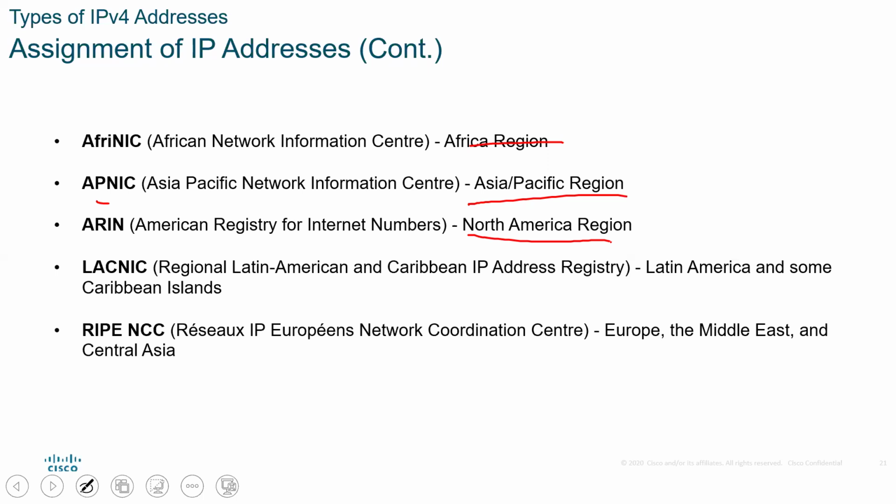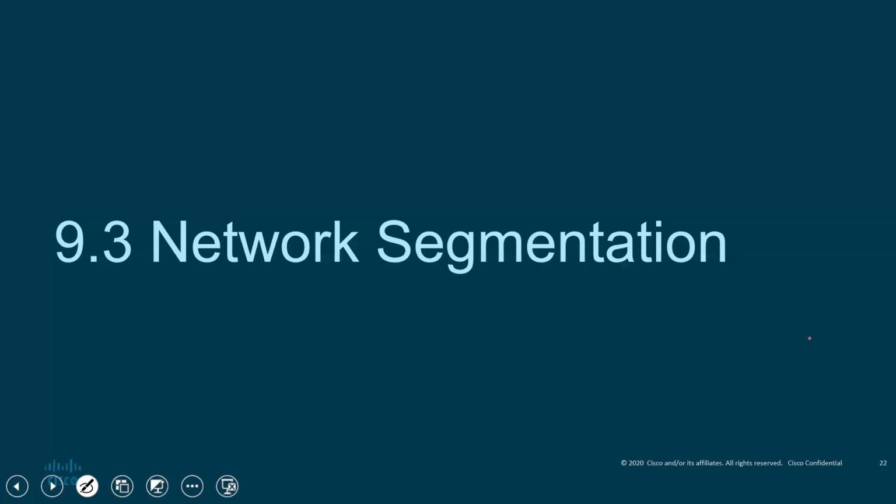The LACNIC, Regional Latin American and Caribbean IP Address Registry, is for Latin America and Caribbeans. Then the RIPE NCC is for Europe, Middle East, and Central Asia.